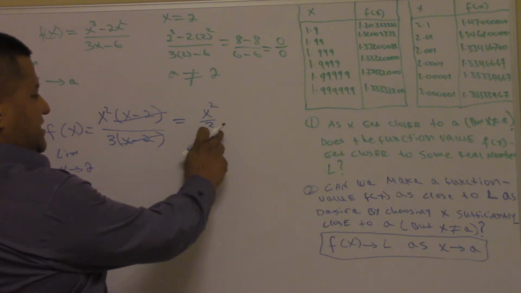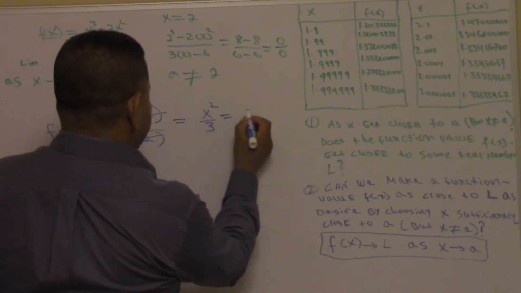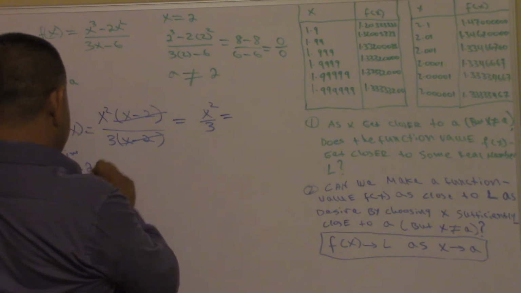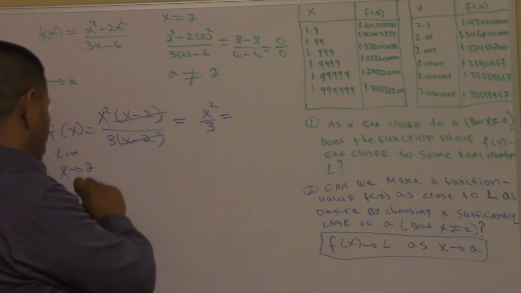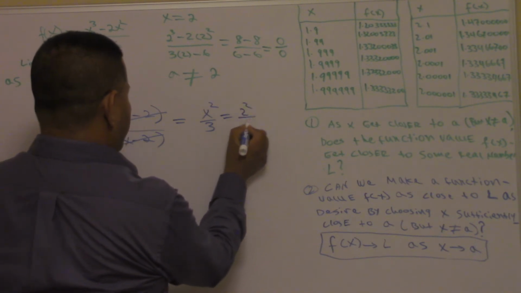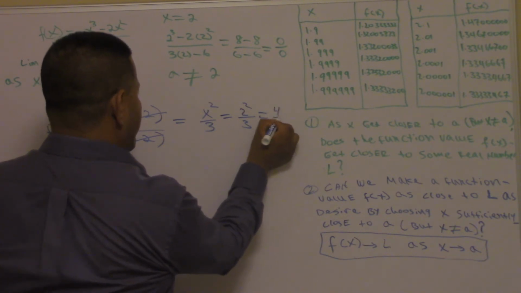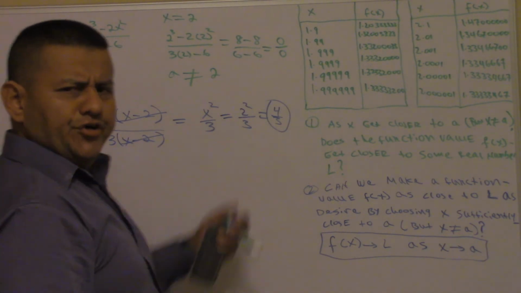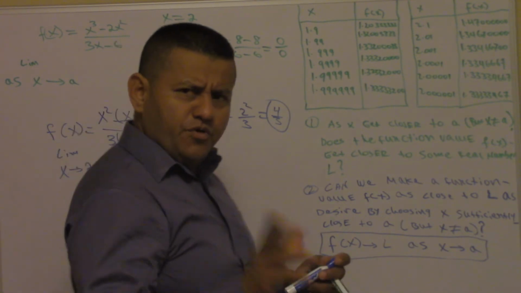Now, see, this is a regular parabola. So what I can do now, I can just plug in 2, because now 2 works for this function. So therefore I have no problem plugging in 2 in this function. So I get 2 squared over 3, which is nothing but 4/3, right? 4/3 is a real number. No problem. Okay, so let's prove something.